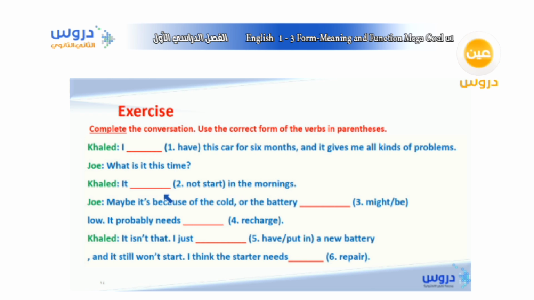What is this time? It not start in the morning. It isn't getting started. Yes, it isn't getting started in the mornings. Maybe it is because of the cold or the battery might be low. It might be getting low. Yes, it might be getting low.